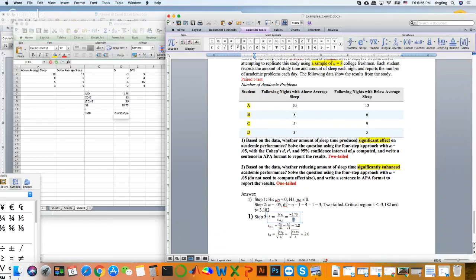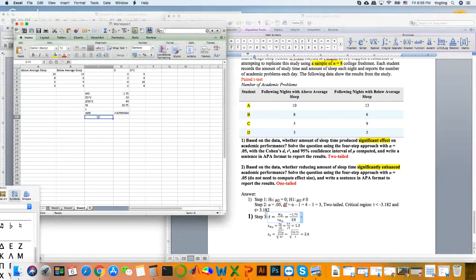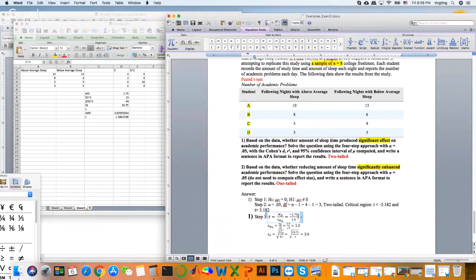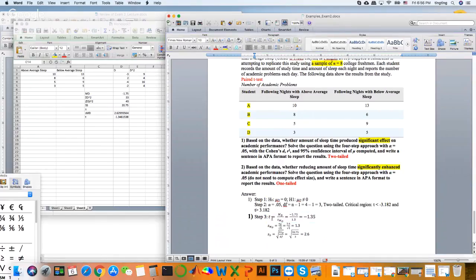We need the SMD. Put 1.3 here. It's equal to this number divided by 3, to negative 1 point. That's it. We have the t value.